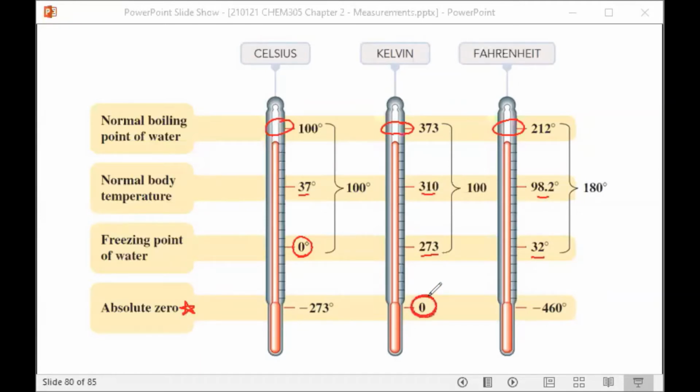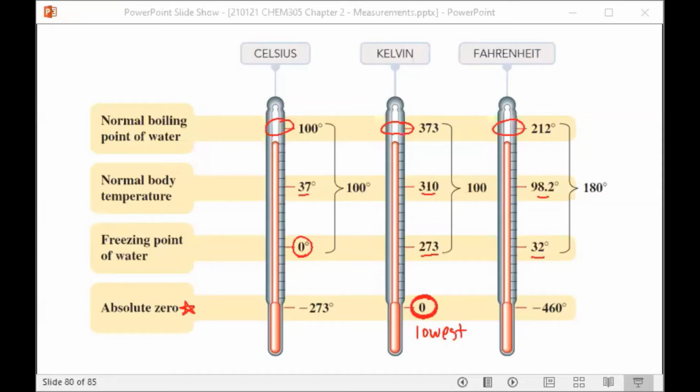Absolute zero is 0 on the Kelvin scale, and this is the lowest possible temperature. Absolute zero is the temperature at which atomic motion stops. So atoms stop their natural vibration and movement. So it's the lowest possible temperature.